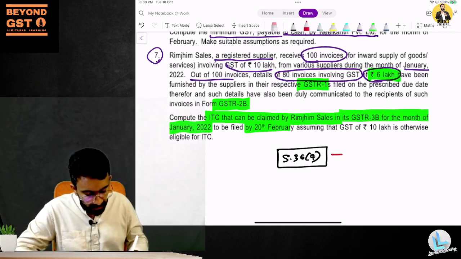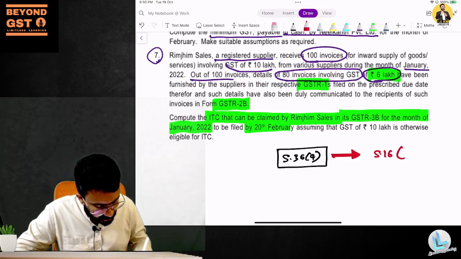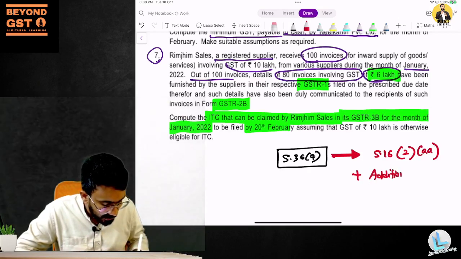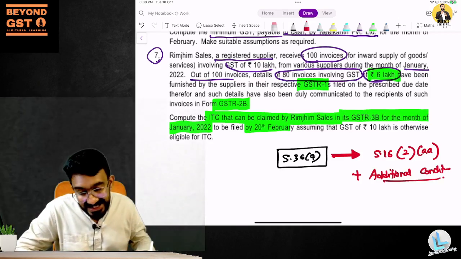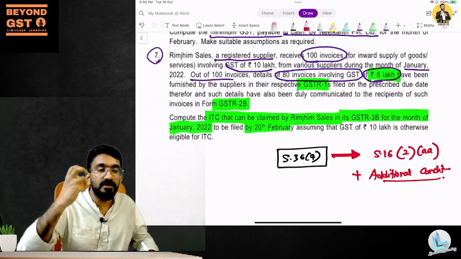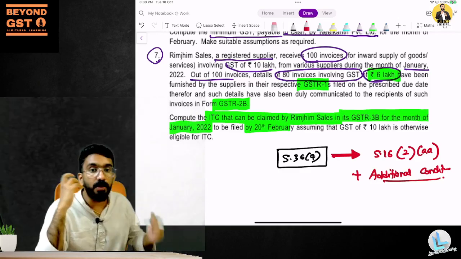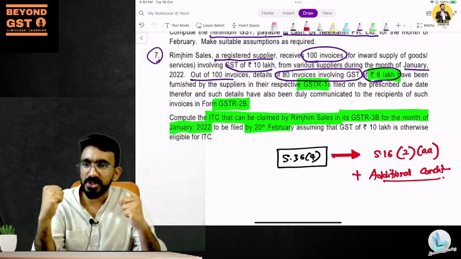Now there's a new provision added inside the section itself, section 16 subsection 2 clause aa, which says an additional condition to be satisfied for you to take ITC. What is the additional condition? For all the invoices for which you want to take ITC, you must be in possession of those invoices. How many invoices does Ringim Sales have? 100 invoices. I'm in possession of 100 invoices.